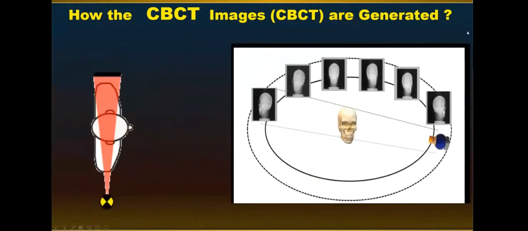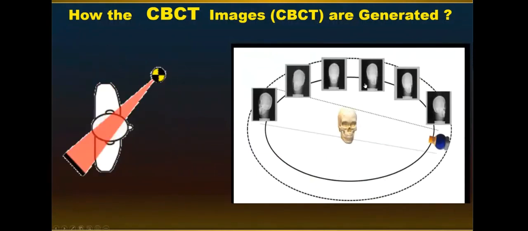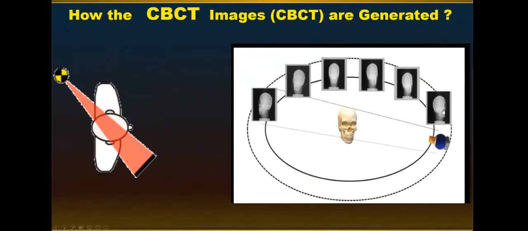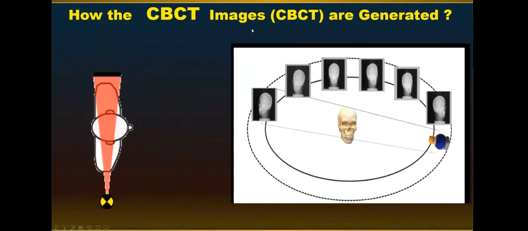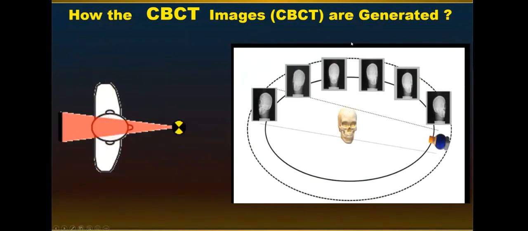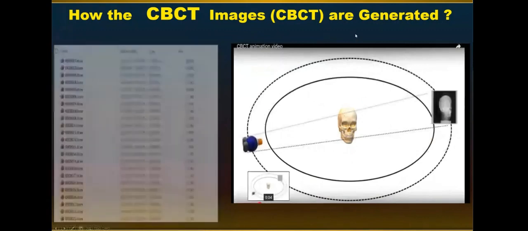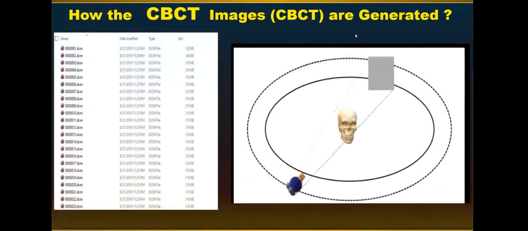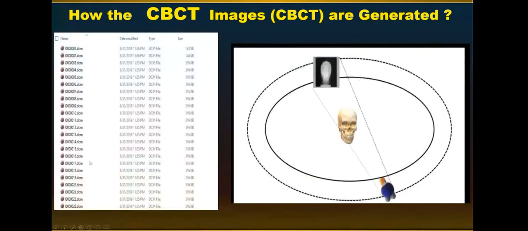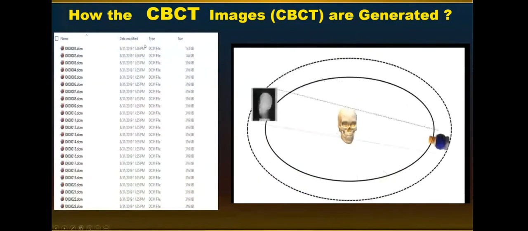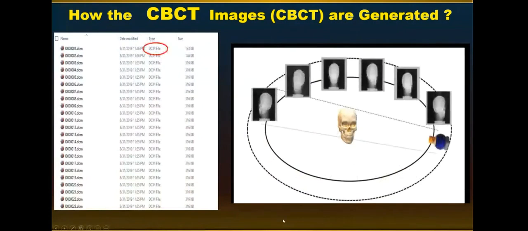We have multiple captures or pulses collected, and each of these image captures is translated in the computer as a file. Each file is called a DICOM file, and this group of DICOM files is called a DICOM dataset.